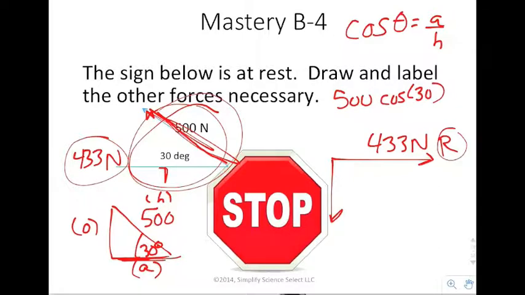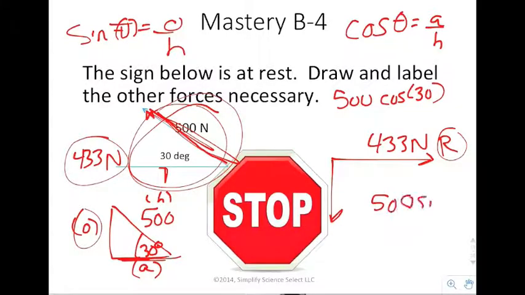I also need to figure out what the force down is. With 500 newtons, if I'm trying to figure out the opposite side, instead of cosine I would use the sine. The sine of the angle is equal to the opposite side over the hypotenuse. So 500 times the sine of 30 would equal 250.